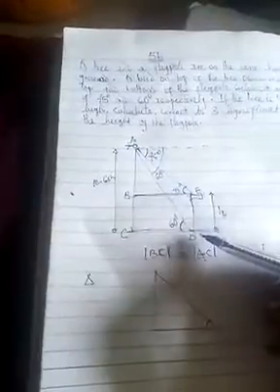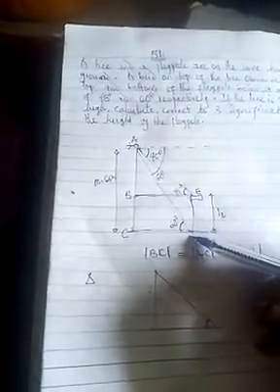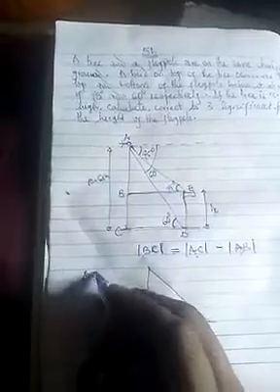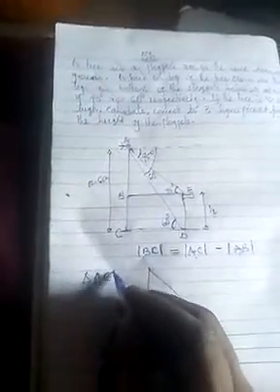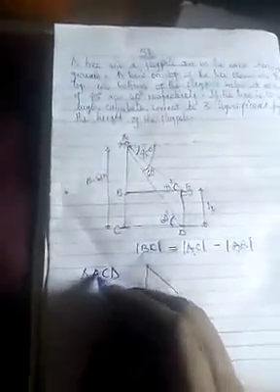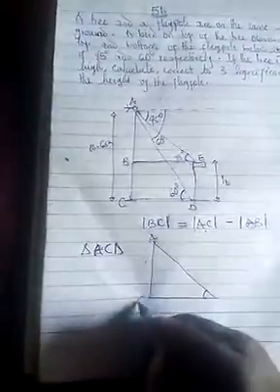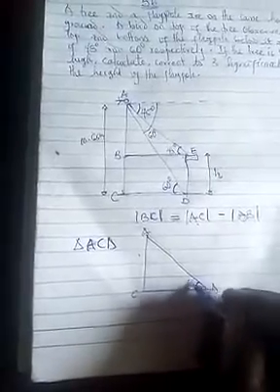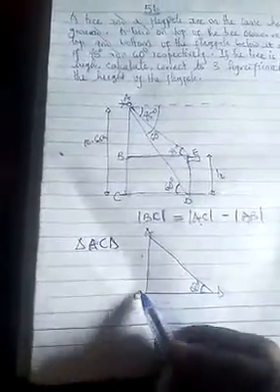So I'm taking triangle ACD, so that I know the triangle I'm taking. Now I'm taking triangle ACD, now this side will be 60 degree. So why this side?